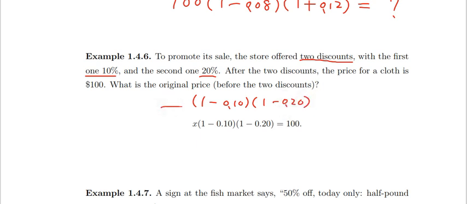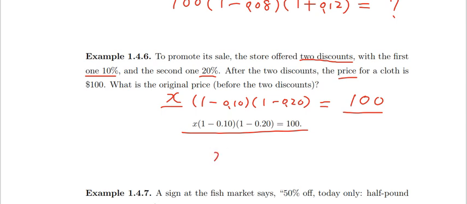So this original price here is the price after these 2 discounts. The question is, after 2 discounts the price now is 100. So we want to find the original price. We put x, so we have this equation: x multiplied by this equals 100.